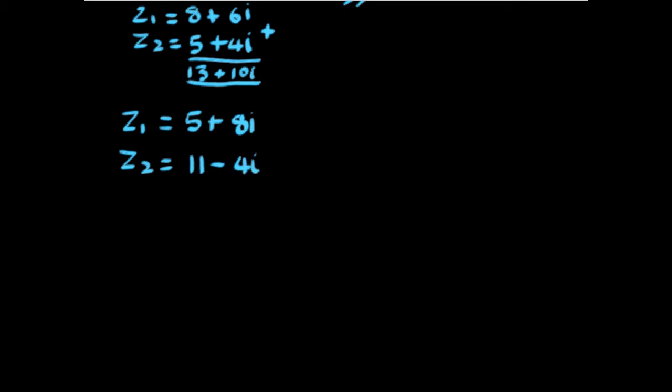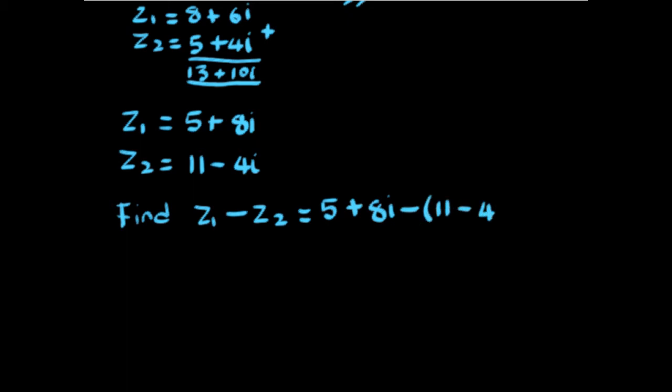If we are told to find z1 minus z2, what we're going to have in this case will be this. We know that z1 is 5 plus 8i, and we are told to subtract z2 from that, so z2 is 11 minus 4i.